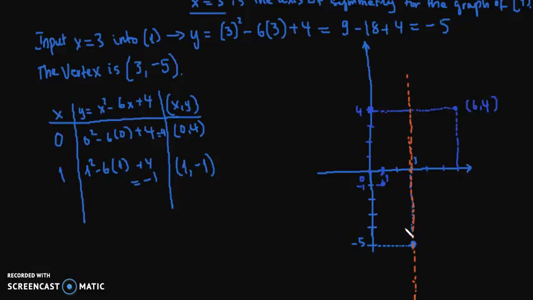And then this point here, reflected across the axis of symmetry, would be (5, -1).